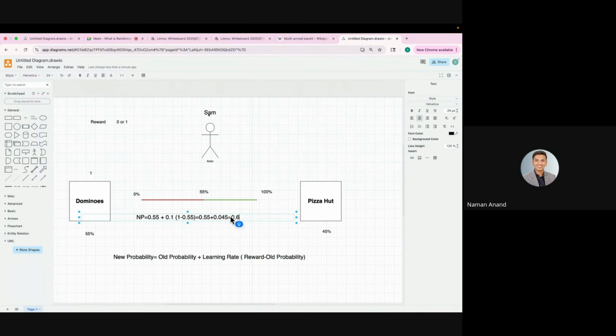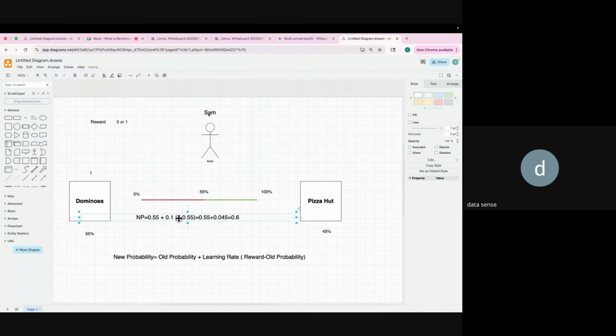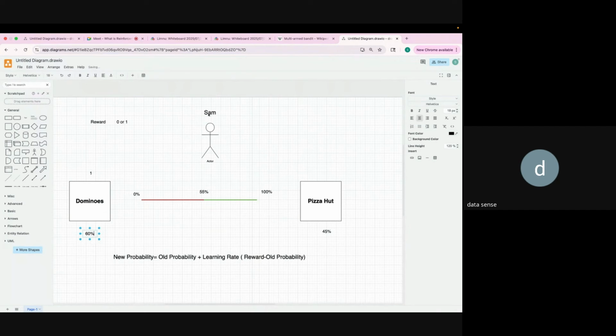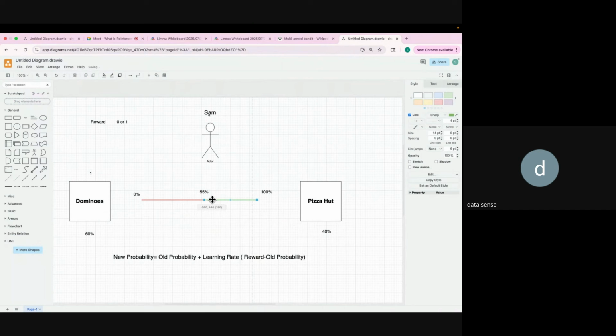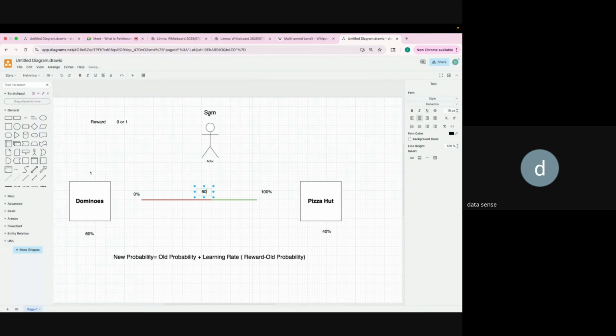Okay, roughly it's 0.6, so I'll say it becomes 60%, and this becomes 40%. So this green line will further reduce, and the red line increases, and this becomes 60%.